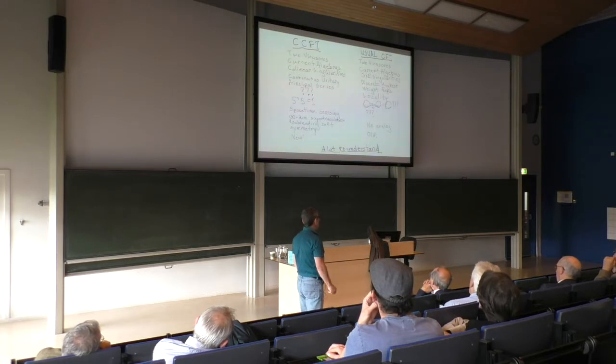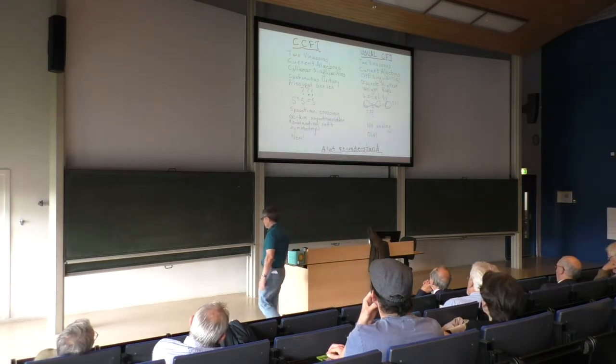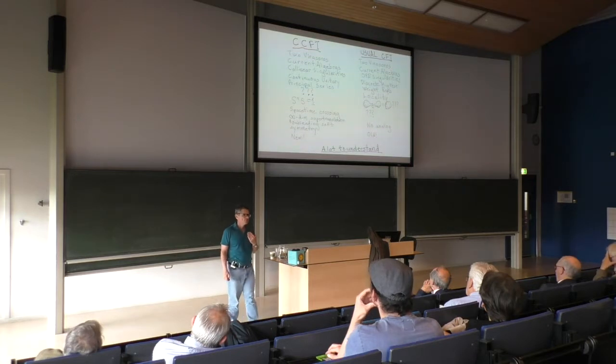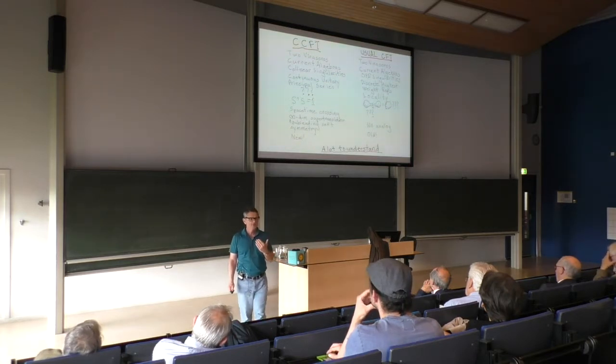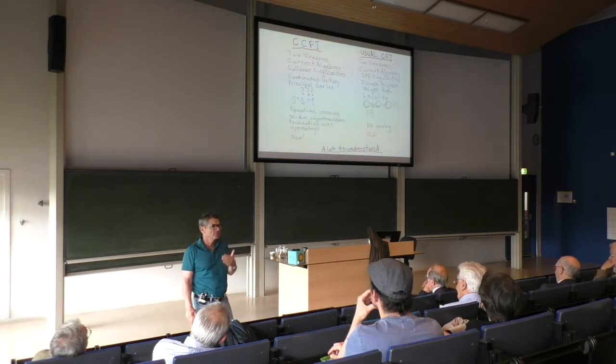And the most surprising thing, which is what I'm going to talk about, is that two-dimensional conformal field theories, the reason we have so much control over them is that there's an infinite number of symmetries, the conformal symmetries.